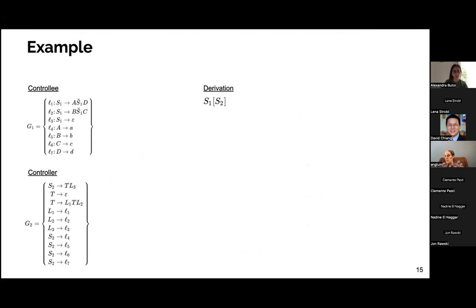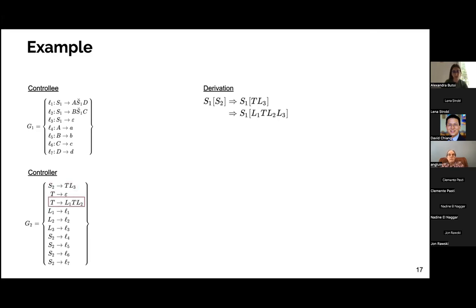So David Wire defines derivations like this. You start with the start symbol of the control E, which gets augmented with the start symbol of the controller. And then you can apply rules either of the controller or the control E. So at the next step, here we can apply a rule of the controller. So S2 gets replaced with T L3.